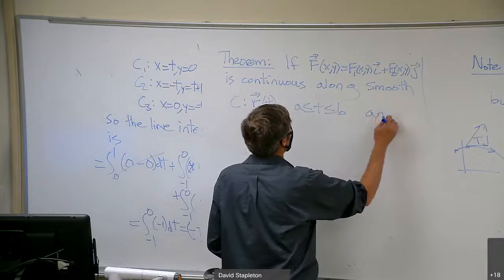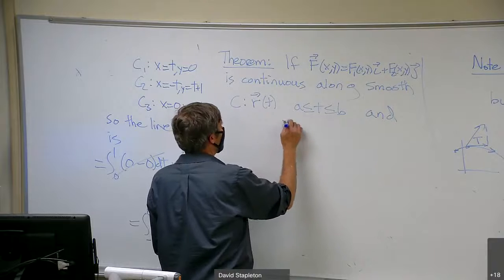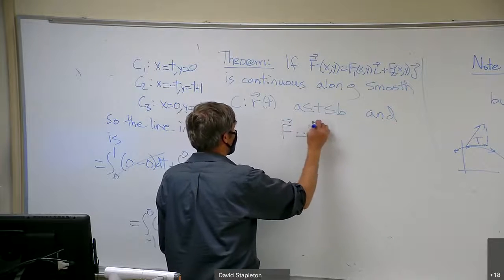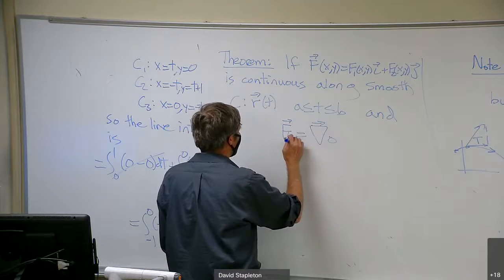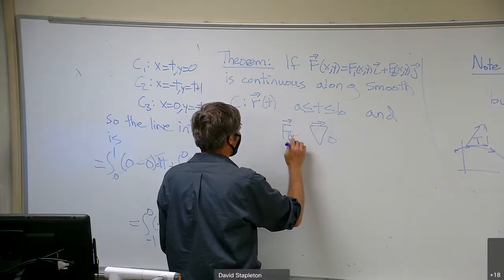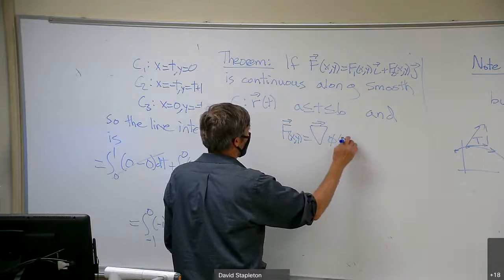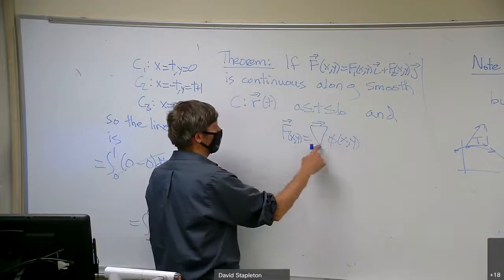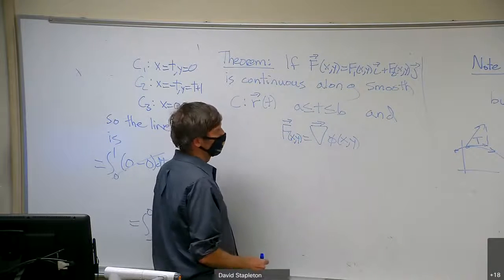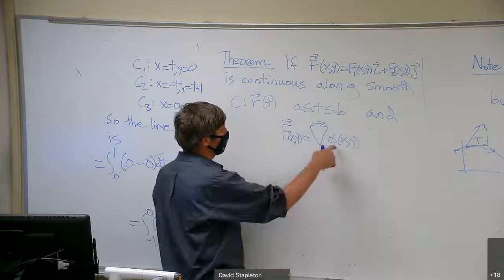And f is also the gradient of some function phi. What do we call a function that is the gradient of another function, of a scalar function? This vector field is the gradient of some scalar field. We called it conservative when we said phi is a potential.